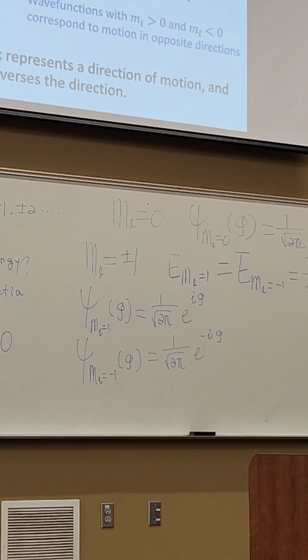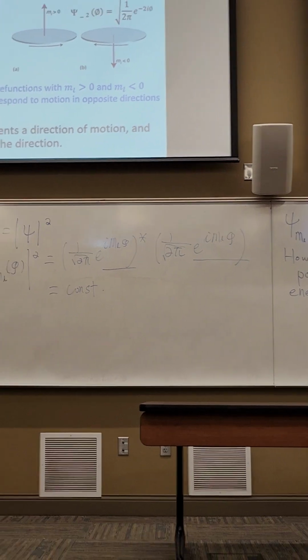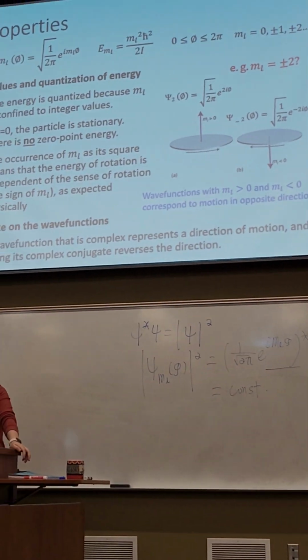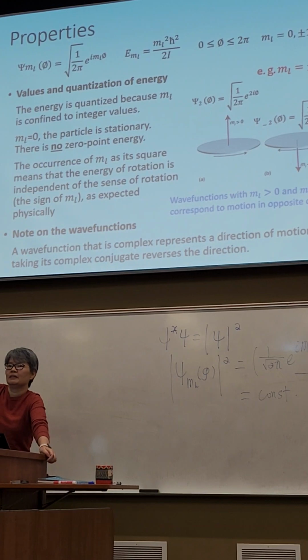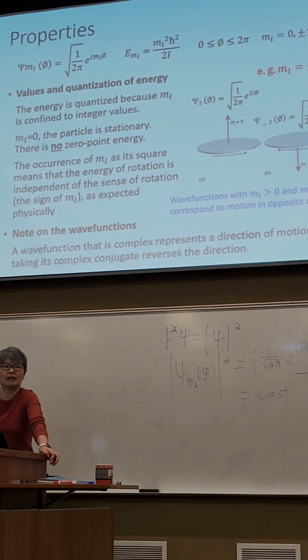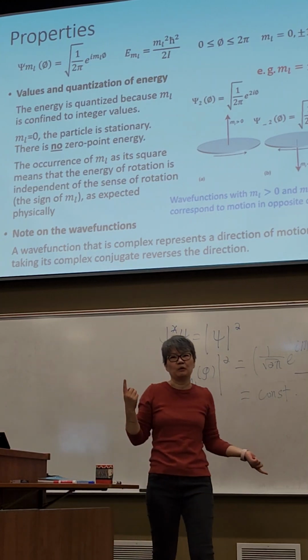That brings up a terminology we learned. What is it? Degeneracy. In this case, you have two quantum states referring to one energy value. That is doubly degenerate, except at the ground state. At the ground state, you don't have degeneracy, or your degeneracy value is just 1.